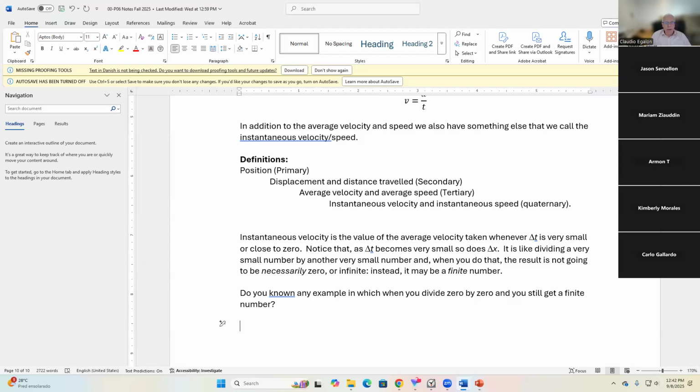We have plenty of examples in math in which something like that happens. Okay? There is this function, for instance, sine of x divided by x. One example.